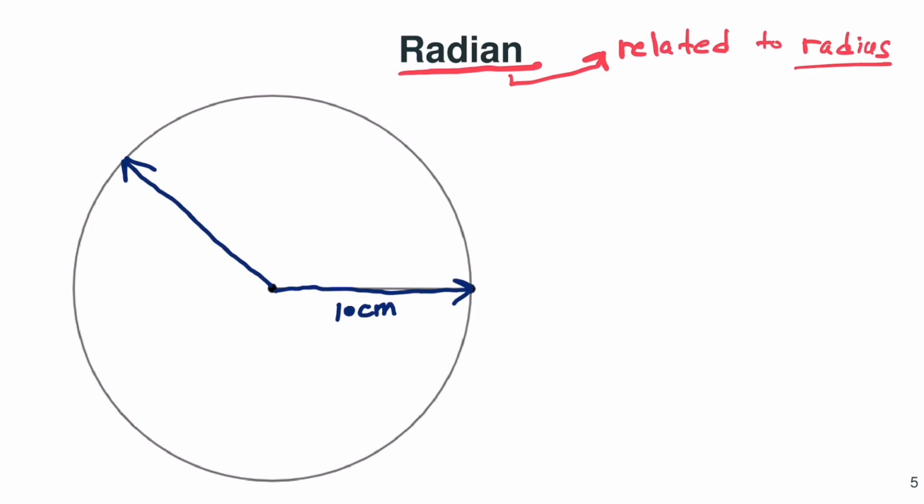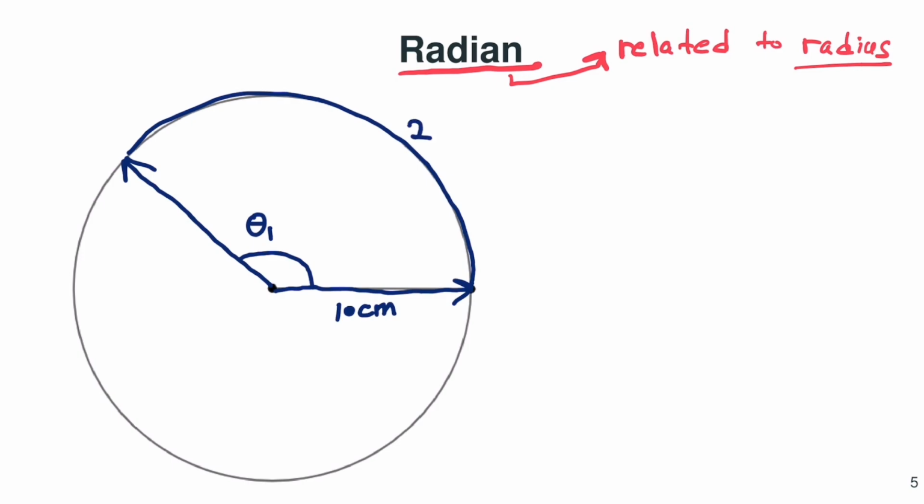So I form this angle. Let's call this angle theta 1. And it turns out when this angle was created, we also form an arc length. Do you see this arc length right here? Follow this line, this arc length. We use the verb subtended. This angle subtends this arc length.